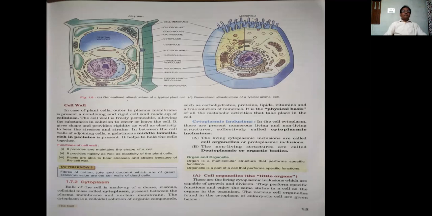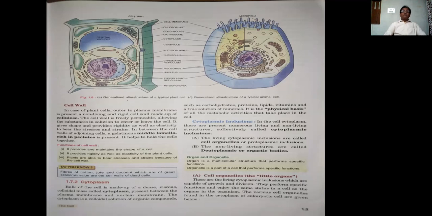When we study the cytoplasm, a number of things are found in the cell cytoplasm. A number of living and non-living structures found in the cell cytoplasm are known as cytoplasmic inclusions.